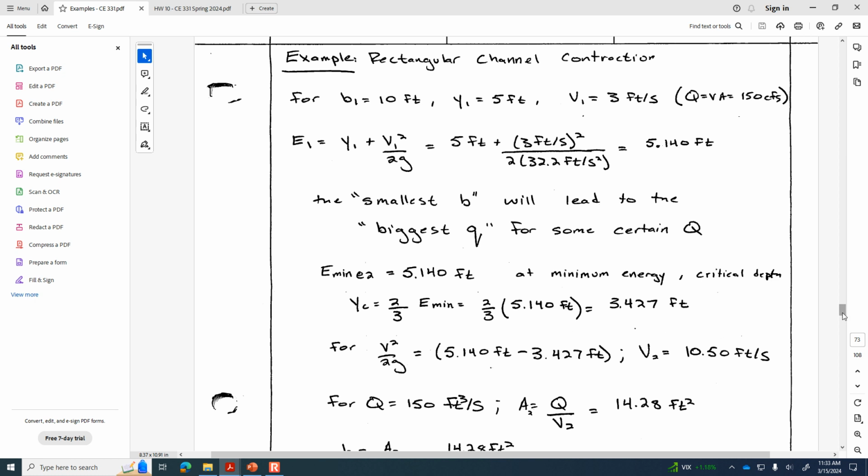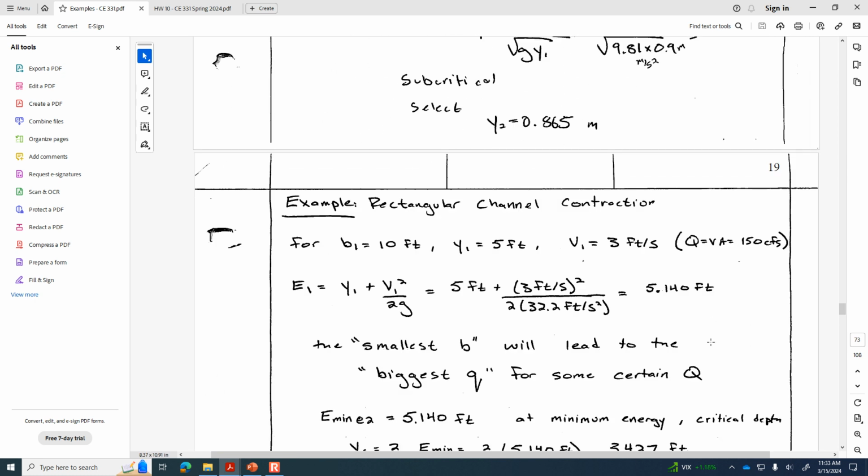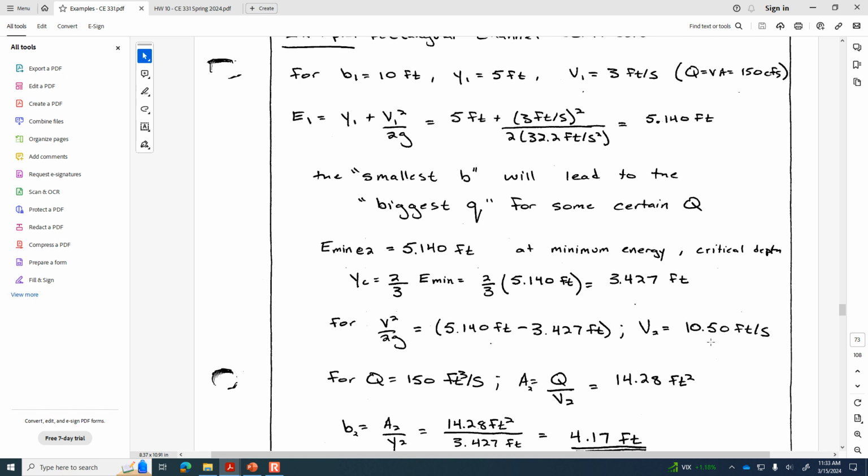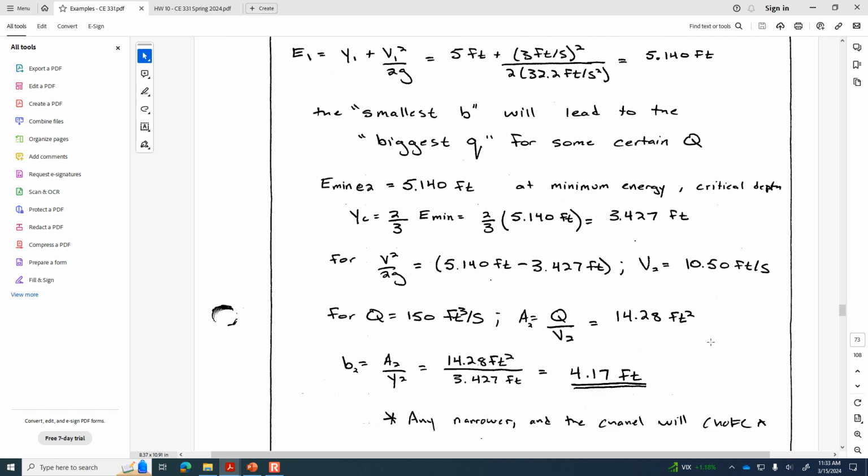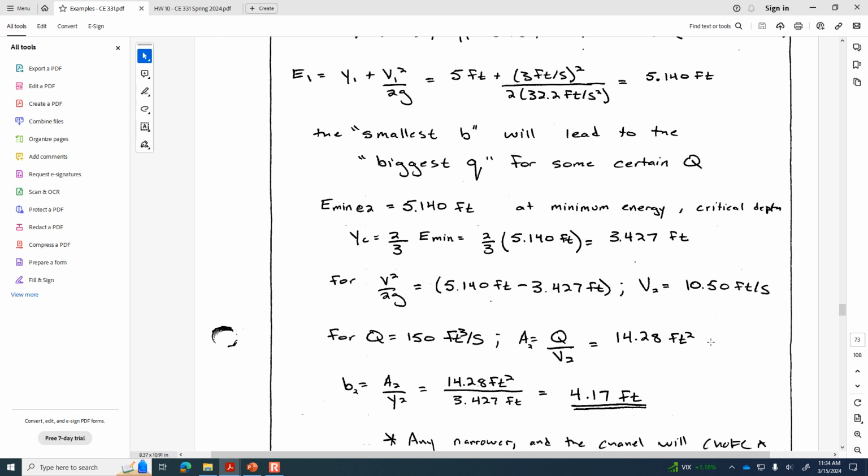because that's the definition of the minimum width that can be tolerated: it's just about to choke, so it's flowing at the critical depth. So if we know the depth, that gives us the velocity. If we get the velocity, that gives us the area. Area is depth and width. We already knew the depth, so the only thing remaining is the width.